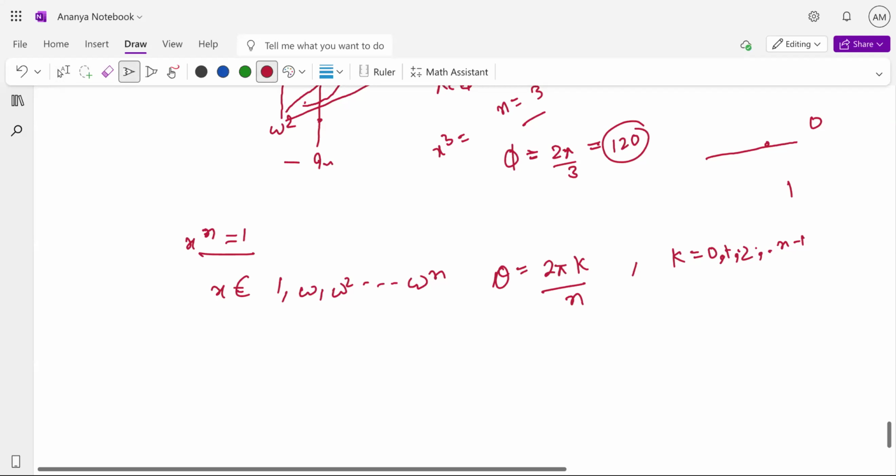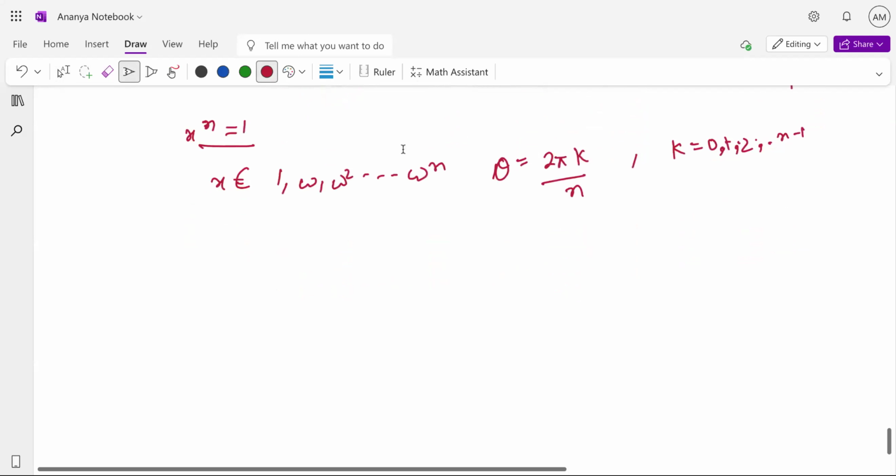Then you can remember these factorizations also, like x square plus x plus 1 can be written as x minus omega, x minus omega square. Basically, what is x square plus x plus 1? It's equal to 0.